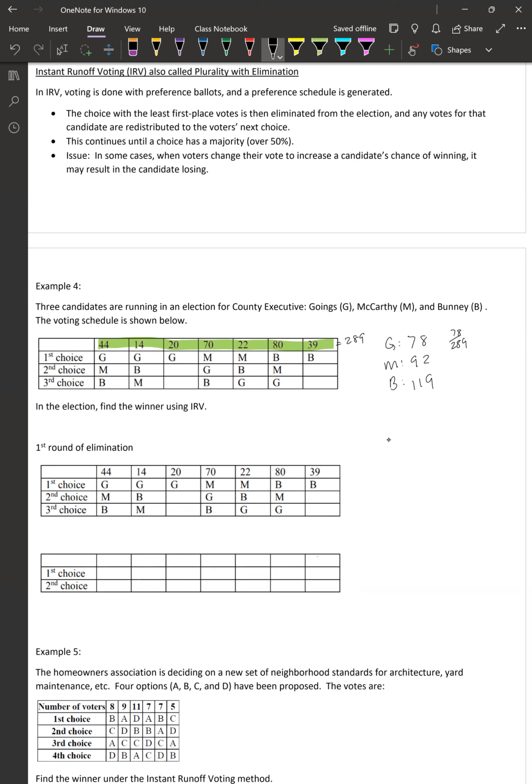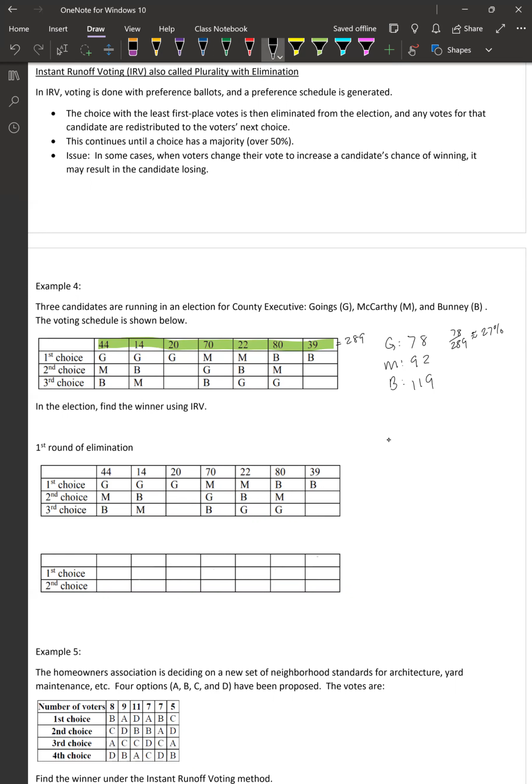You get 0.26989. So as a percentage, that's about 27%, because that's very close, right?